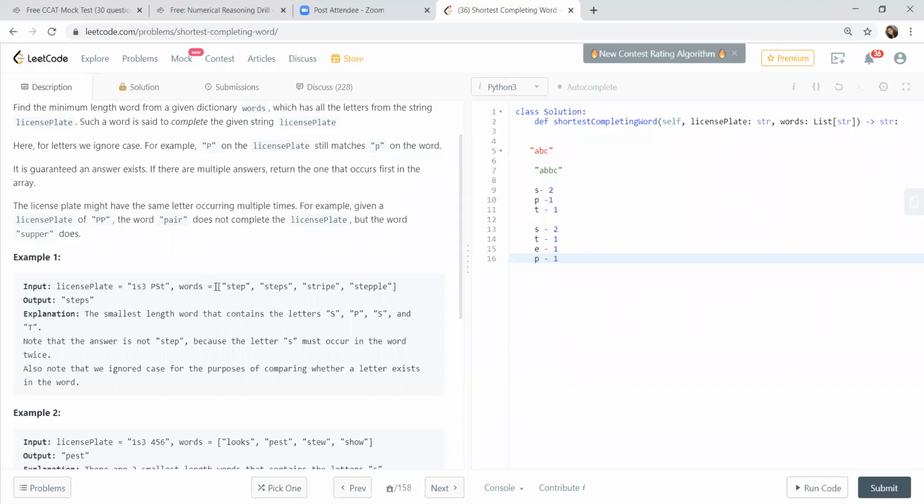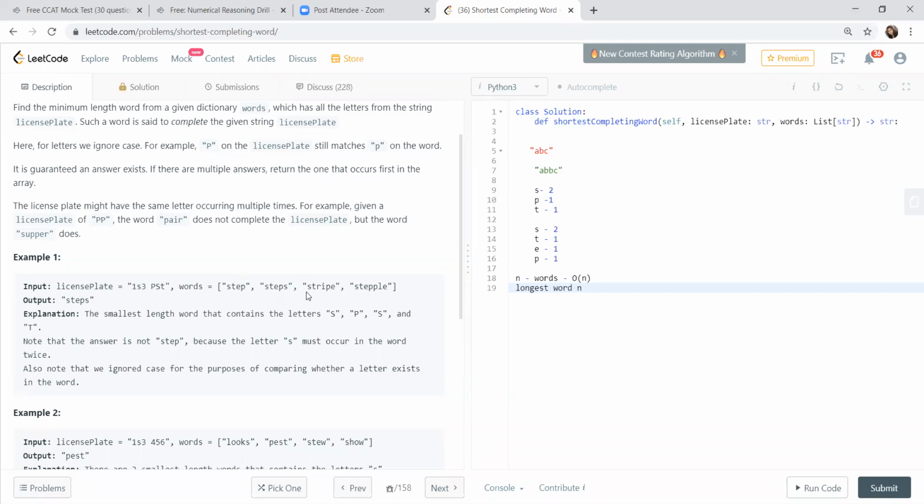First of all, order of n for traversing all the words. Let's say there are n words, and the length of the longest word is m or L. Creating a hash map, or taking an array to count them, would be extra computation when we are comparing, an extra order of 26.